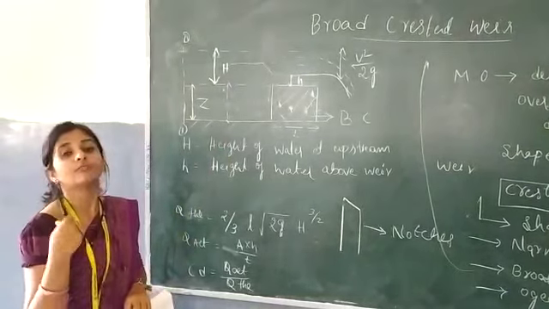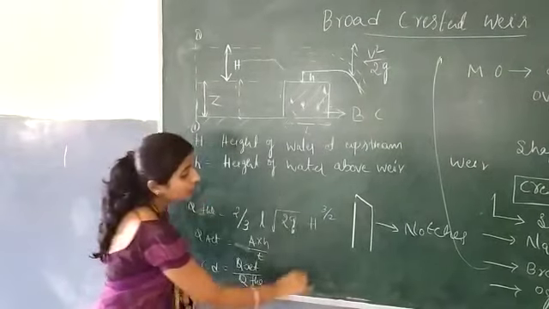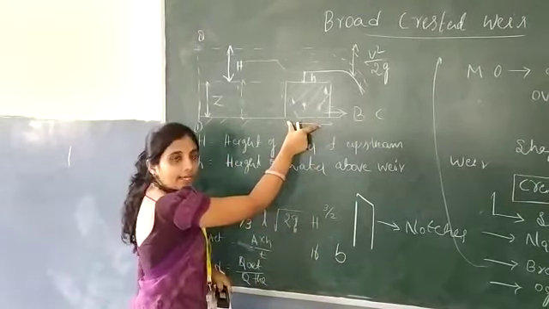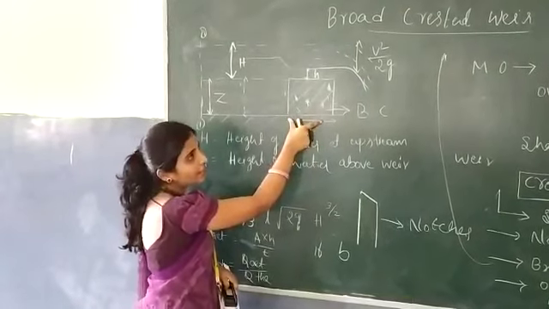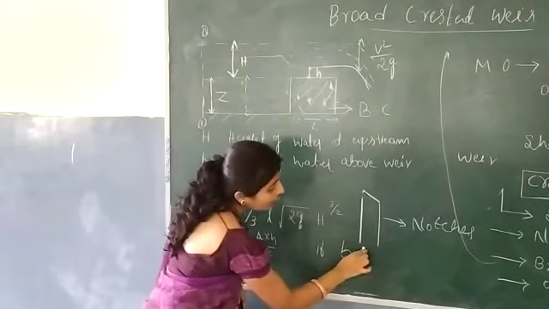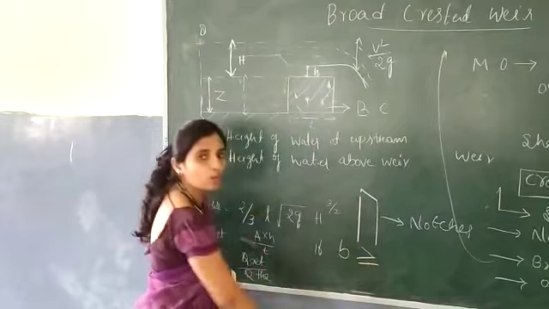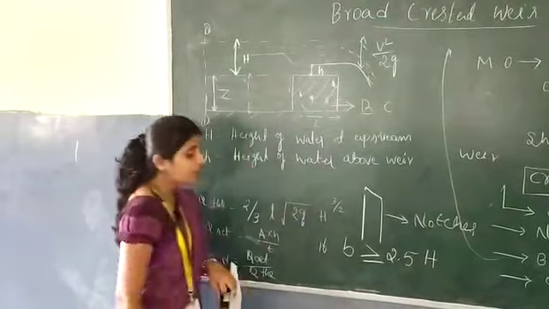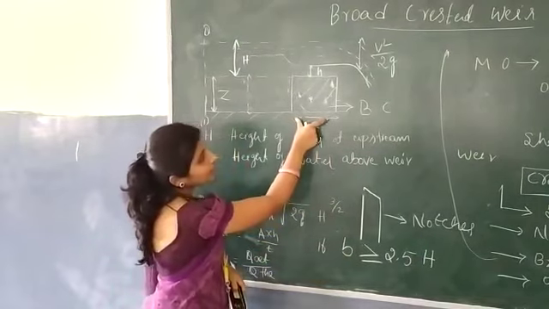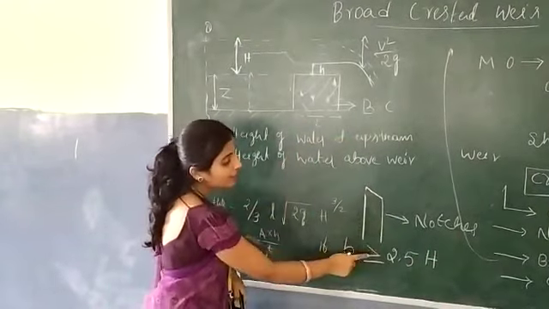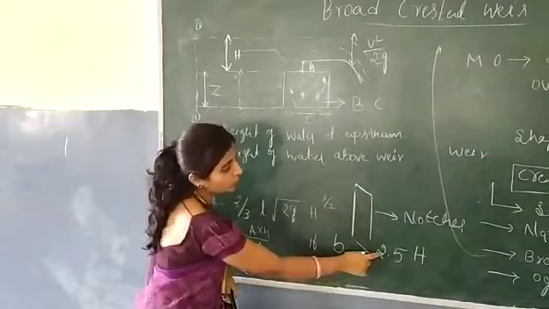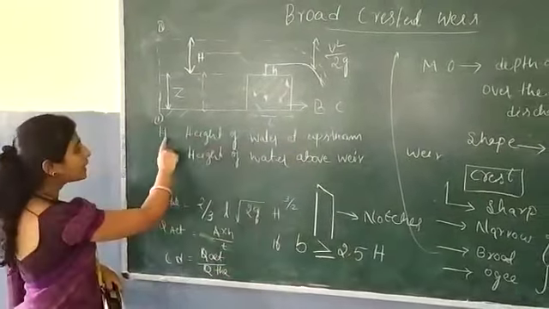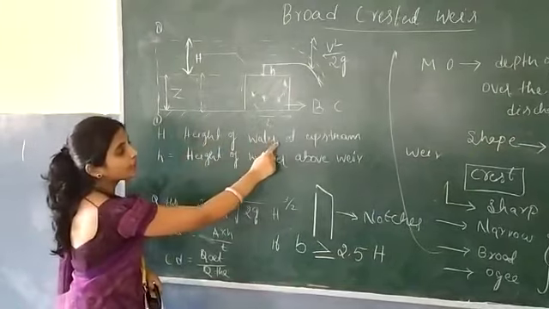And we also have another condition: if the breadth of the broad crested weir is greater than or equal to 2.5 times of the head. Head is nothing but the height of the water at the upstream.